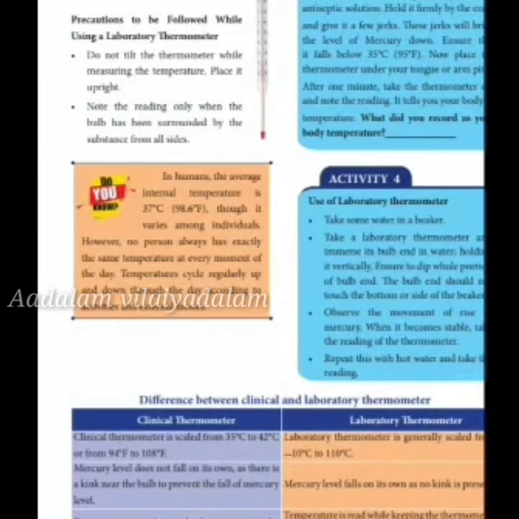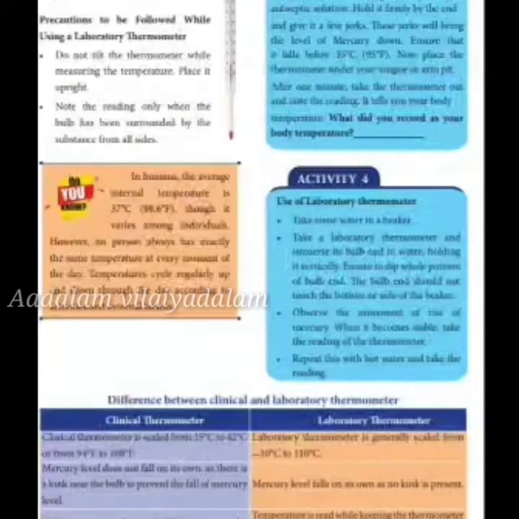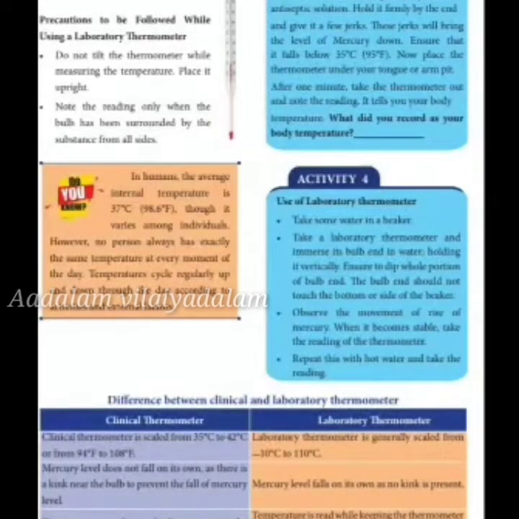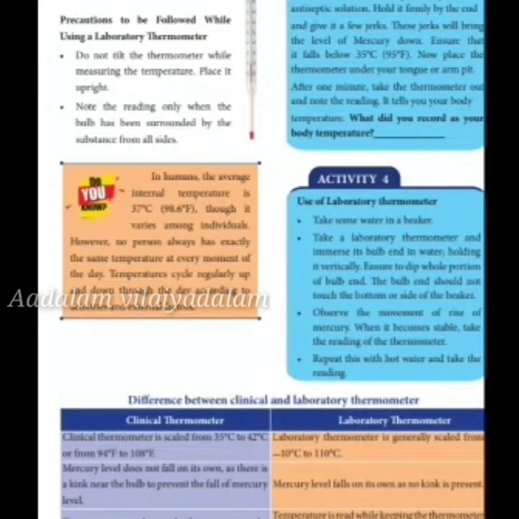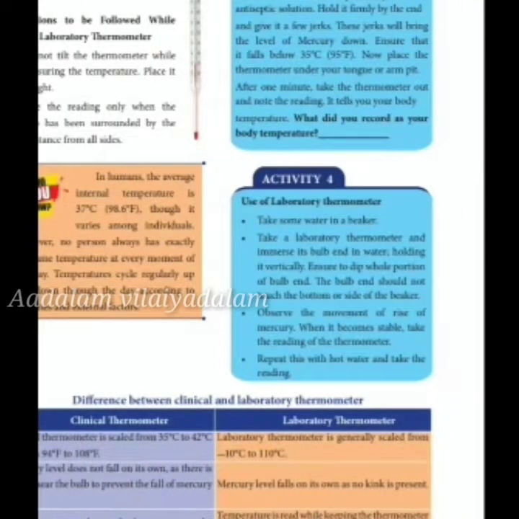Mercury level does not fall on its own in the clinical thermometer because there is a kink, while in the laboratory thermometer there is no kink, so the mercury falls back easily. In the clinical thermometer, temperature can be read after removing the thermometer from the armpit or mouth. In the laboratory thermometer, temperature is read while keeping the thermometer in the source of temperature.